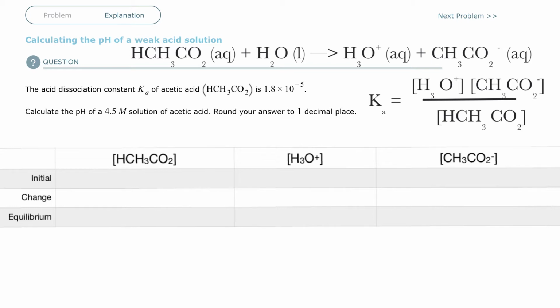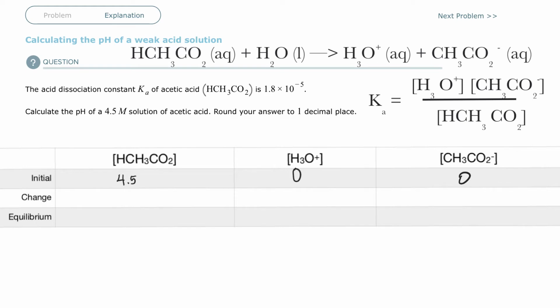So I have initially 4.5. And what else? I've got 0 because this is on the right, and this is 0 because it's on the right.